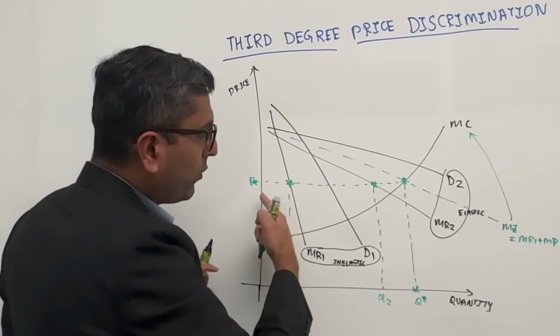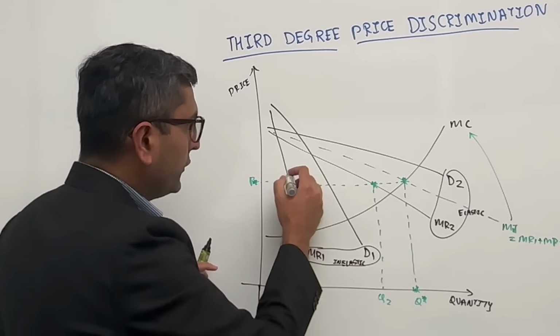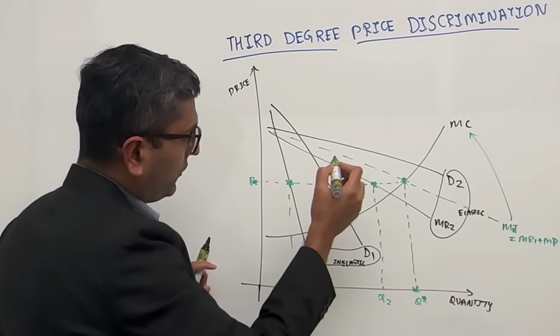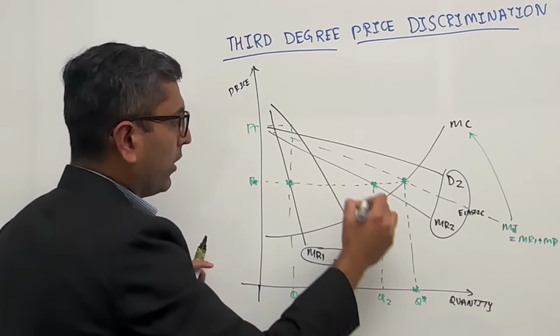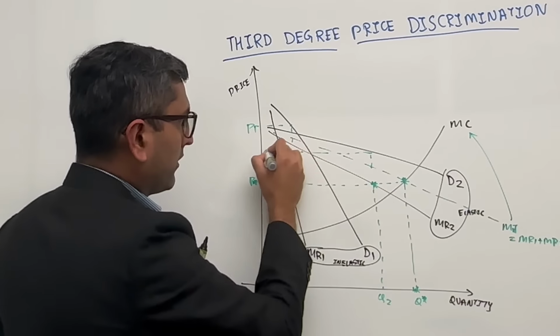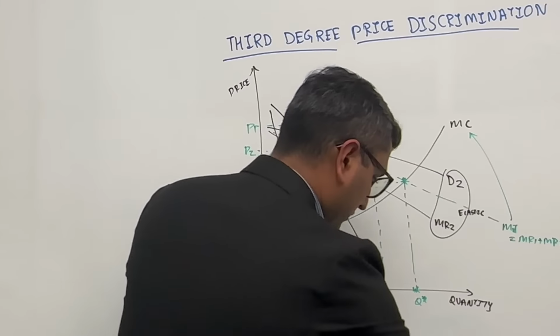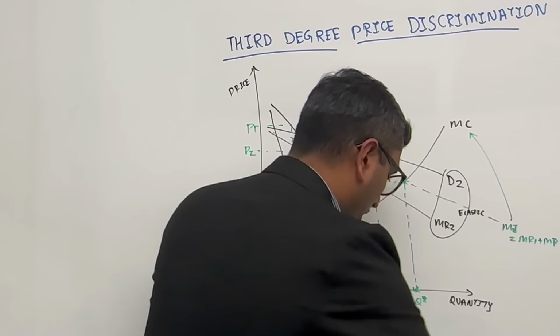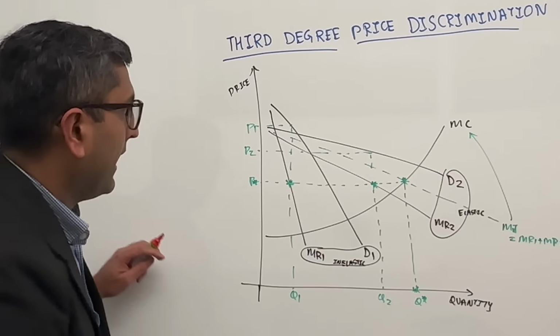So you'd get quantities Q1 and Q2. Once you get these quantities, you try to find out the price. So the price would be the intersection of this demand curve, P1, and here would be the intersection here, P2. So now we have two different prices, and so we can draw consumer surplus and producer surplus at these prices.